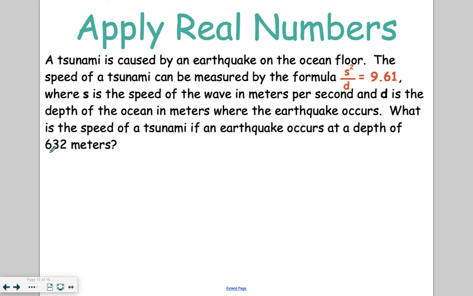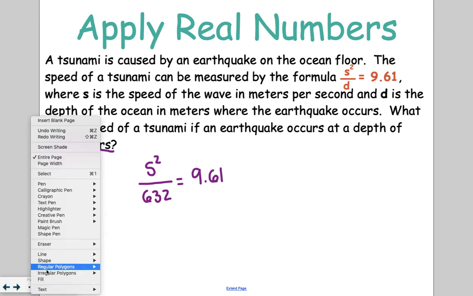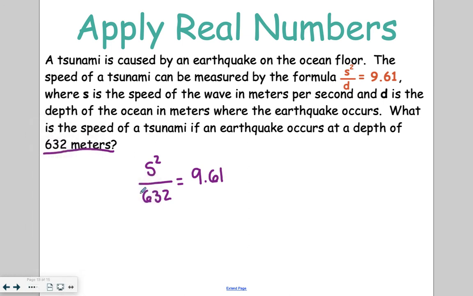So our job is to plug in our important information into our equation. So we're looking for the speed, so I'm going to leave that alone as s squared over our depth, which is going to be 632 meters, is equal to 9.61. Again, we're going to use SAD-MEEP, so I need to get rid of that divide by 632. So I'm going to multiply both sides by 632.